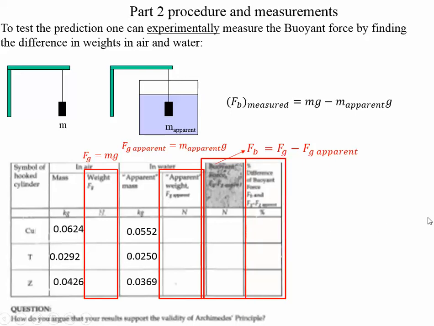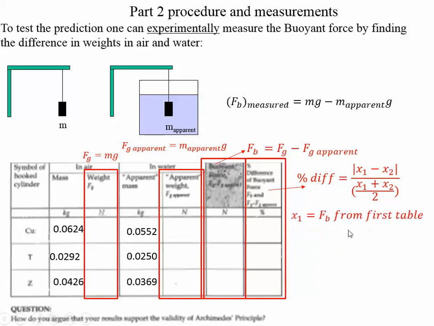And then the final column is comparing your buoyant force from Table 1 and the buoyant force in Table 2. The general formula for percentage difference is x1 minus x2 over the quantity x1 plus x2 over 2. In this case, you're comparing the buoyant force from Table 1, that'll be your x1, and then the buoyant force from Table 2, that'll be your x2.